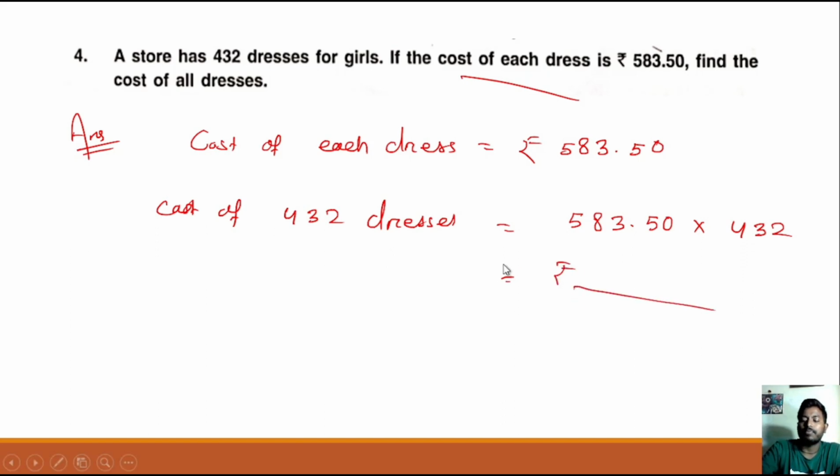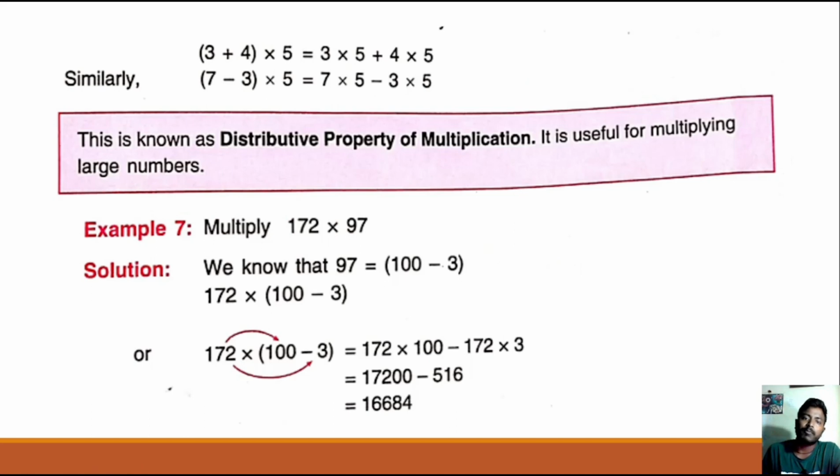Now the next property is the distributive property of multiplication. What is the use of the distributive property? We use it to multiply big numbers in a simple way. First, 3 plus 4 into 5 is equal to 3 into 5 plus 4 into 5.